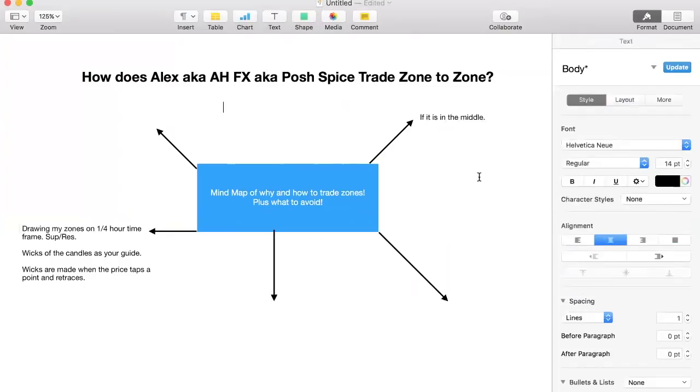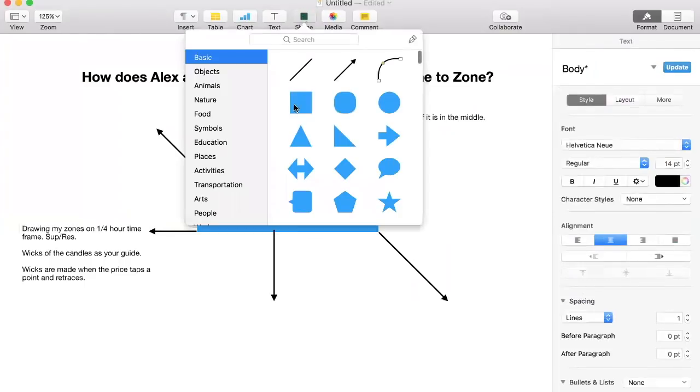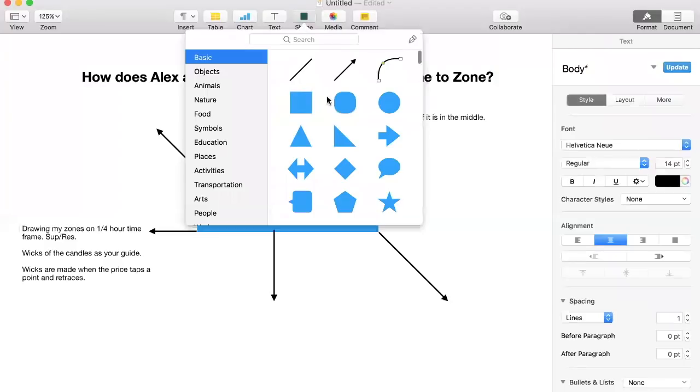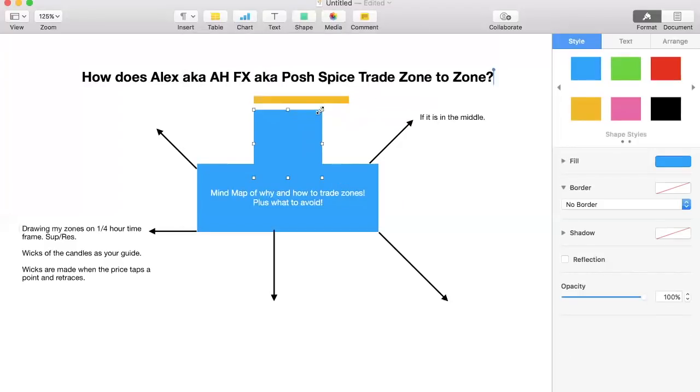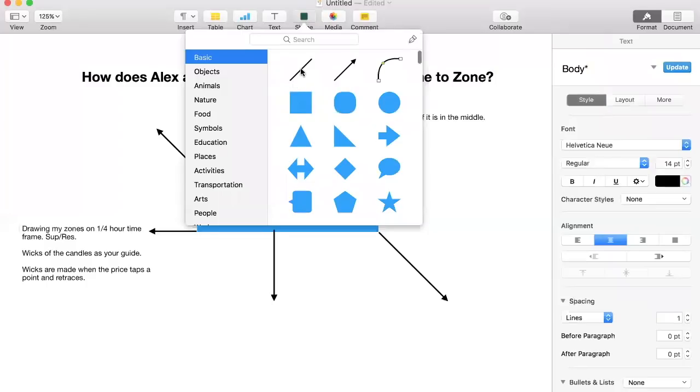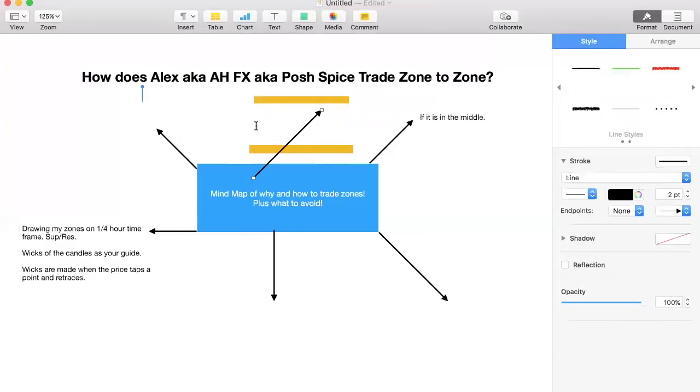So essentially we've got maybe a zone of price here, and then a zone of price here, let's just pretend they're of equal size, and the price is here, in the middle.